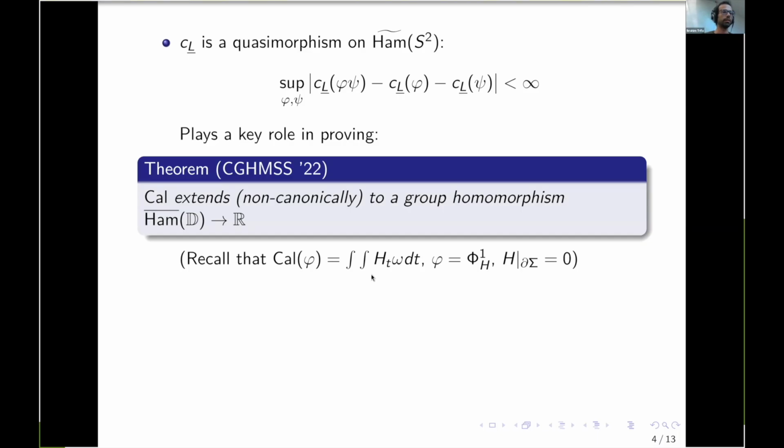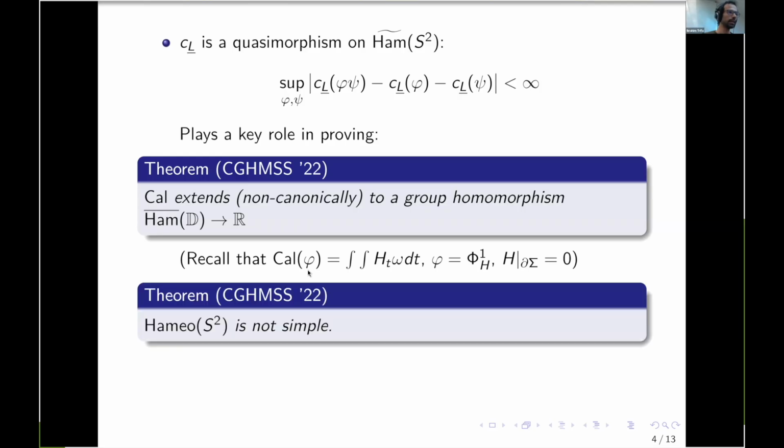It's given by the integral of h over the surface, summed over time, for any Hamiltonian h generating phi that is compactly supported in the interior of the surface. This Calabi homomorphism is only well defined on surfaces with non-empty boundary. They also show, with the quasimorphism property, that this subgroup Hameo of S2 is itself not simple.